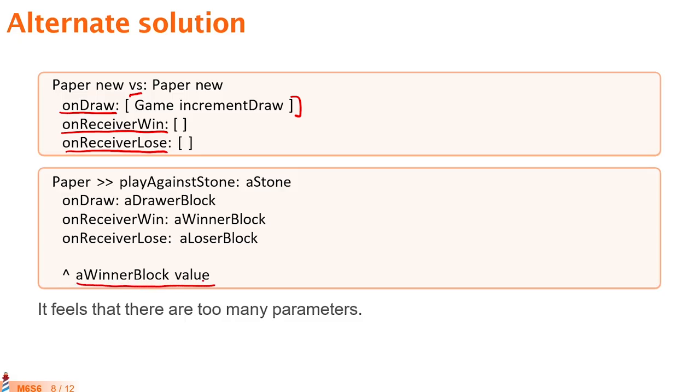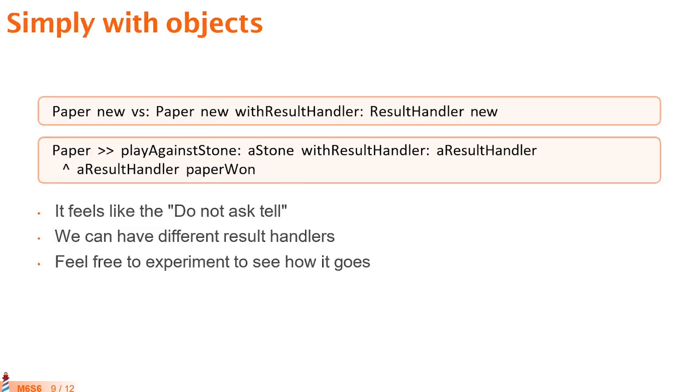On play against stone, for example, this is a paper that plays against a stone, so for the winner, we do something. Except that it does not look really nice, because you don't want to have four arguments like that, and this is not really satisfactory either. So I'm not fond of this solution, I'm not fond of the other solution. In fact, I'm not fond of any solution from that perspective.